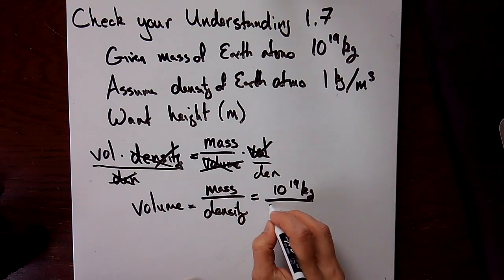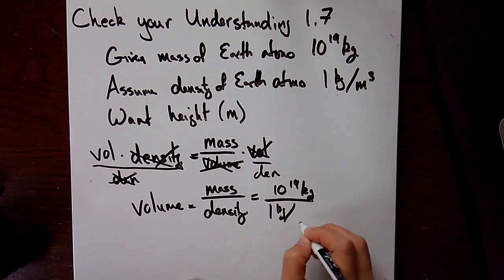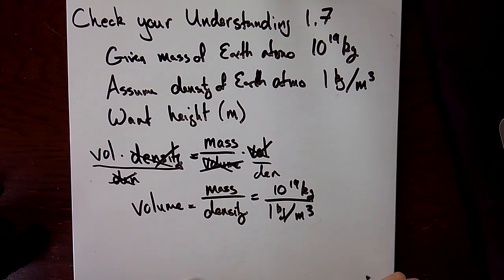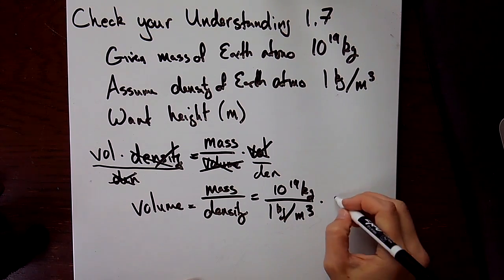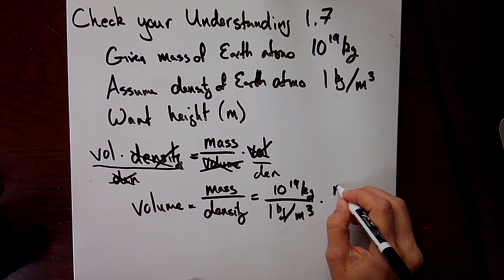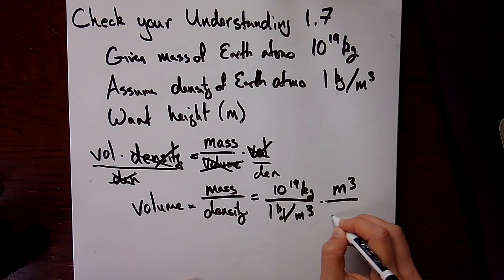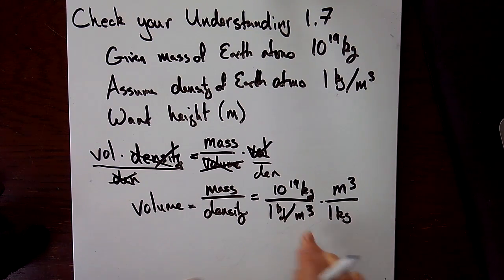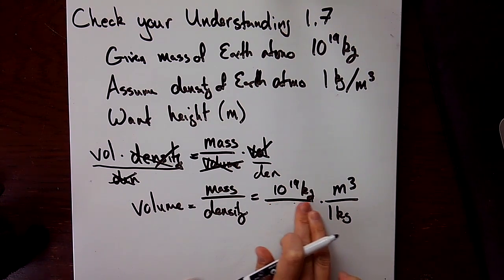I can plug in my density, 1 kilogram per meter cubed. I've got a fraction down here. Dividing by a fraction is the same as multiplying by the reciprocal. Remember, the reciprocal is you just flip the two sides of the fraction. So I'm going to rewrite this as meters cubed over 1 kilogram. That's the same thing as dividing. So I've done my dividing.